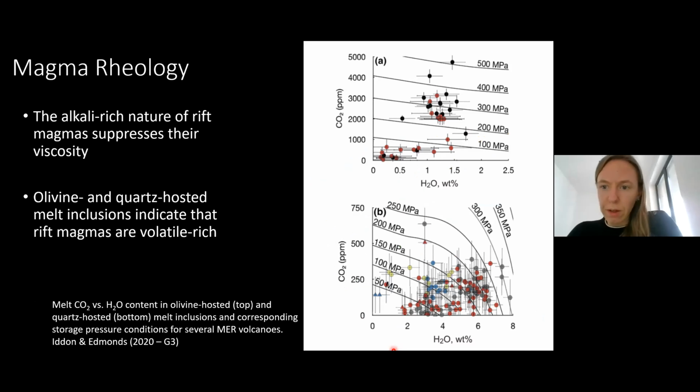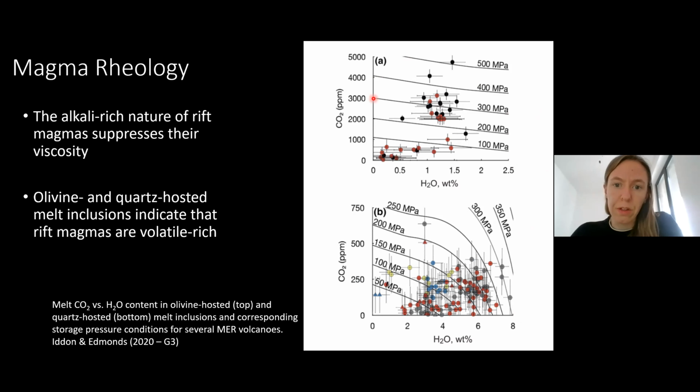When we look at the volatiles, there's very little data available for volatiles in the magmas in continental rift settings. These plots are from a recent paper that came out last year, looking at the melt inclusions in olivine for basaltic melts and in quartz for rhyolite melts for different volcanoes in the main Ethiopian rift.